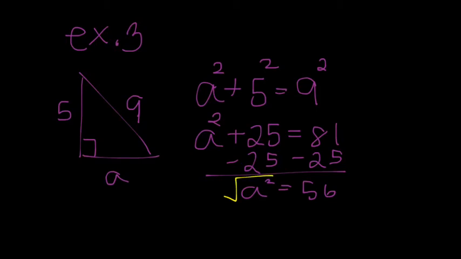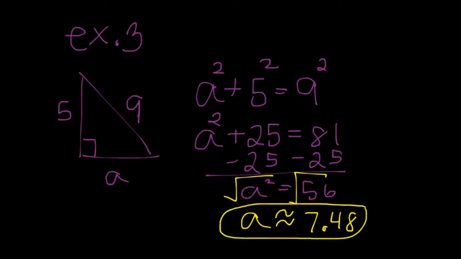Find the square root of each side. Now 56 is not a perfect square, so I need to find the square root, and we'll round to the nearest hundredth. So I'm going to use my approximation symbol. A equals approximately 7.48.